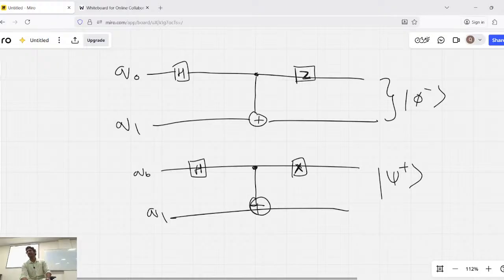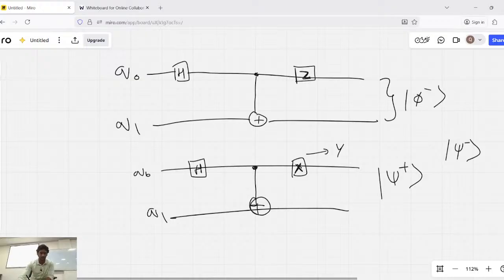So one can get a psi plus state by just using an X gate after applying all these operations. Got it? Now, if you want a psi minus state, simply use a Y gate here. So if you apply a Y gate to this phi plus state, you will be getting a psi minus state. Got it? So in that way, we can create all the entangled states by using a simple circuit. To put it simply, I can create all the entangled states by using a phi plus circuit. Got it?